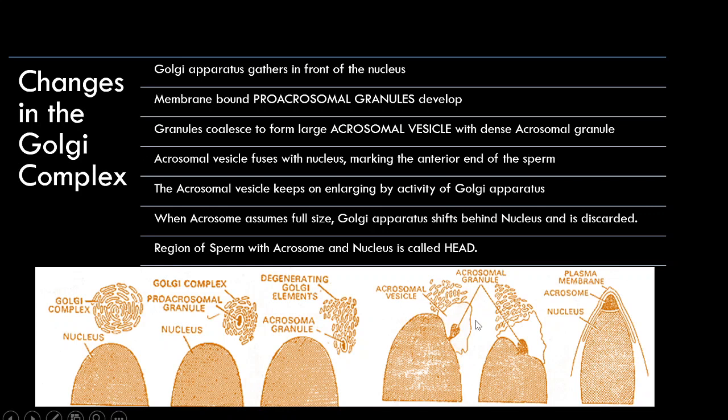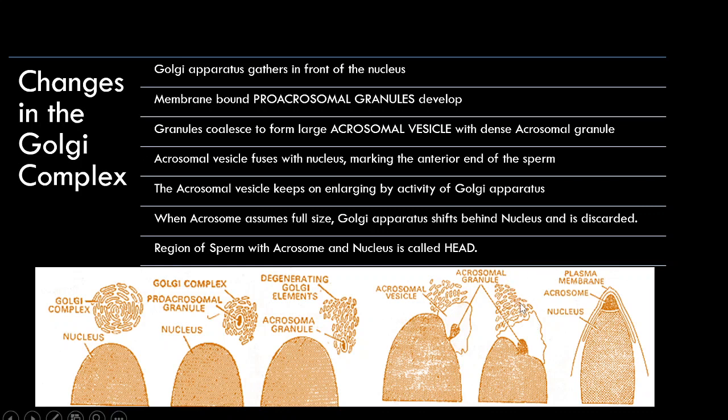So these are the acrosomal vesicles having the acrosomal granule. This one fuses with the nucleus and indicates that this is the anterior end of the sperm. The acrosomal vesicle keeps on enlarging.